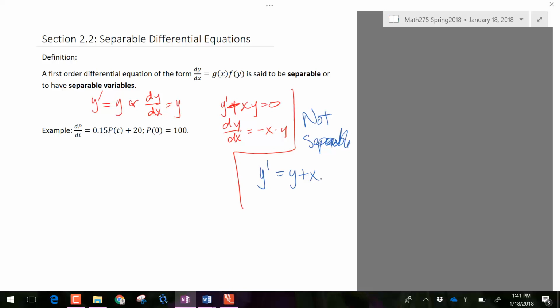So an example would be y prime equals y plus x. There's no way you can separate it as two different factors. Now we have two different terms, but that doesn't count as factors, right? So we're not going to be able to solve for this differential equation using the techniques for separable differential equations.